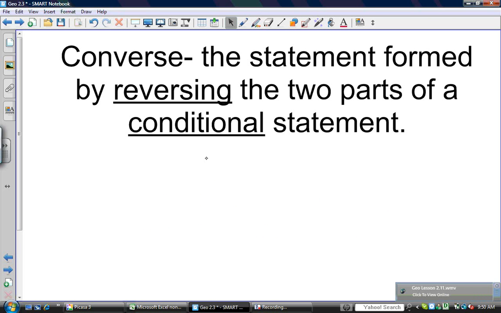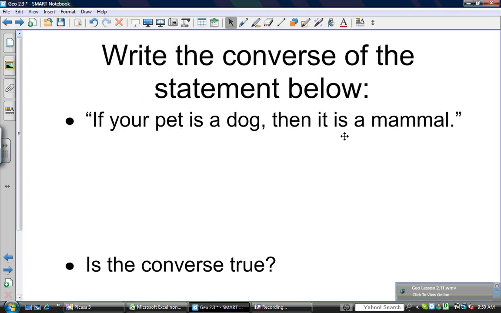So now if we want to find the converse of a statement, the converse is a statement formed by reversing the two parts of the conditional statement. So we reverse what comes after the if and what comes after the then. Here's an example. If your pet is a dog, then it is a mammal.